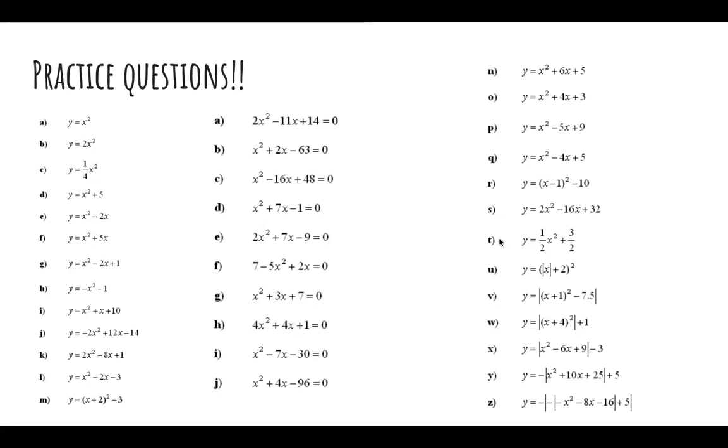So for A, we can see that at 0, 0 to the power of 2 remains 0. So we know that there's a point at the origin, (0, 0). And this is also the vertex of the quadratic function. And if we choose 2, 2 to the power of 2 is 4, so it would be somewhere around here.